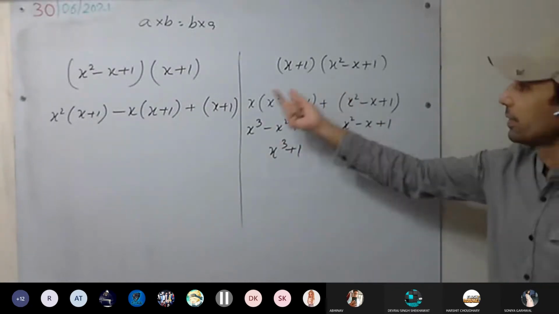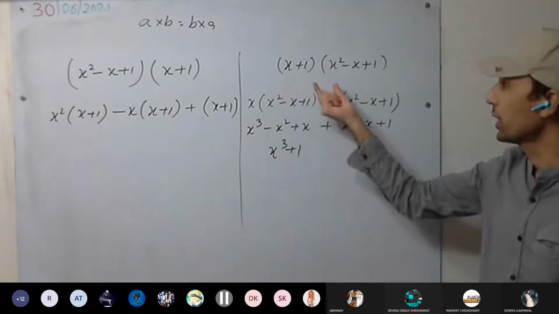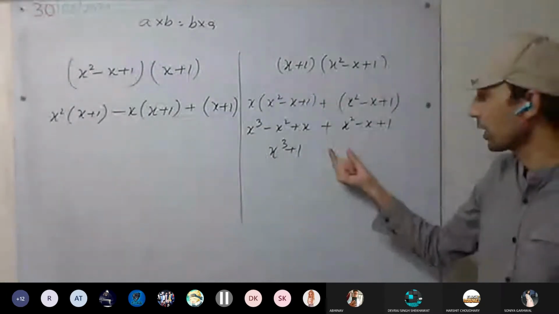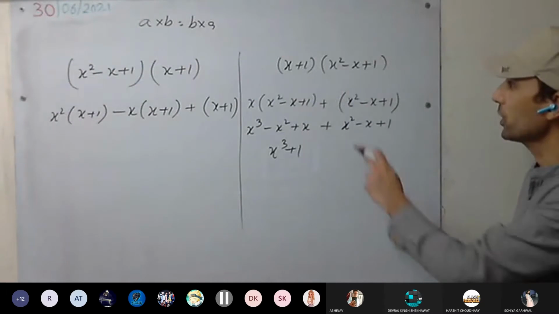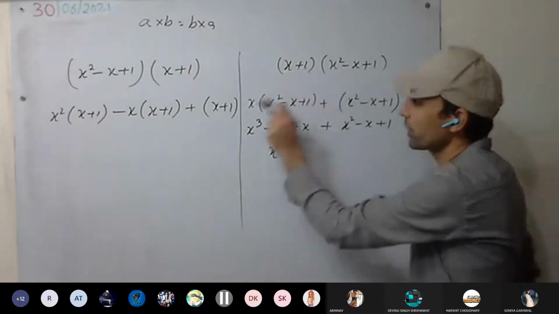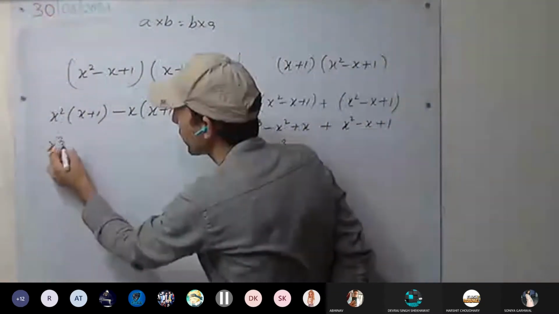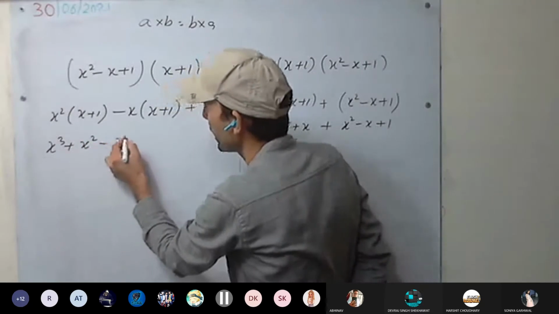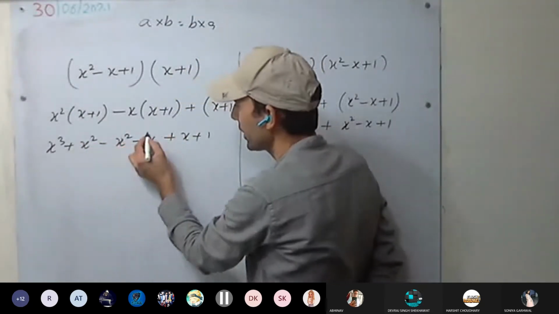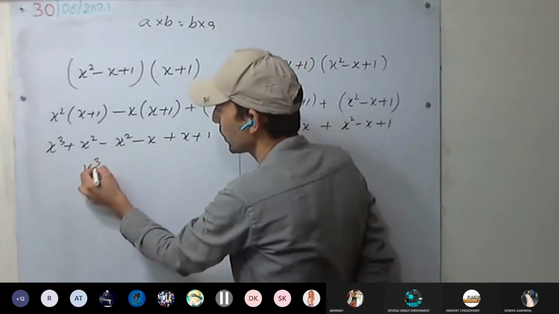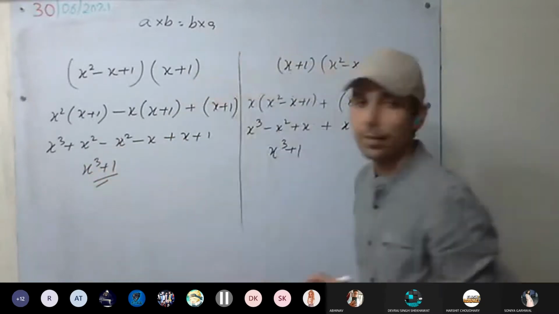If you understand the first, you will understand the second as well. If you know how to do the second, you can do the first as well. Have you understood this one? We are opening this one. Here as well, you will get x cube plus x square minus x square minus x plus 1. They get cancelled, so you will get x cube plus 1.